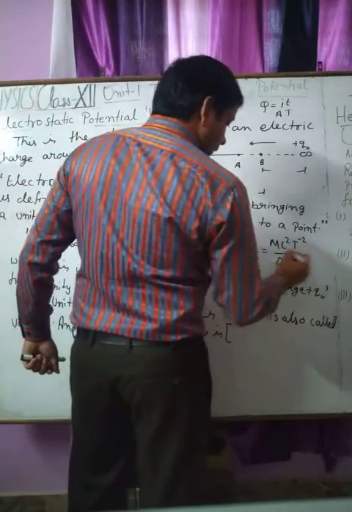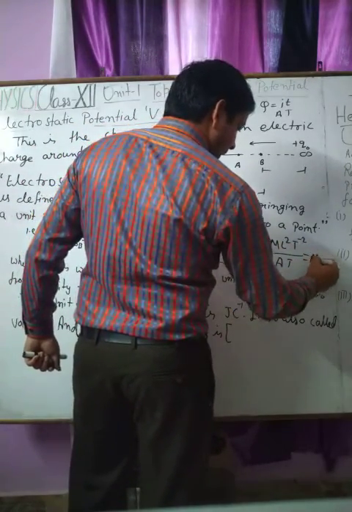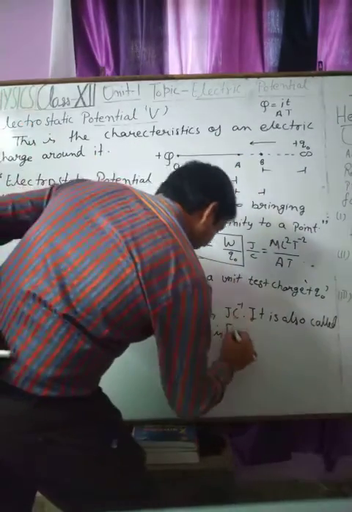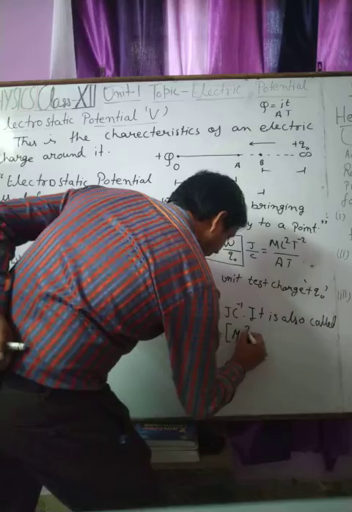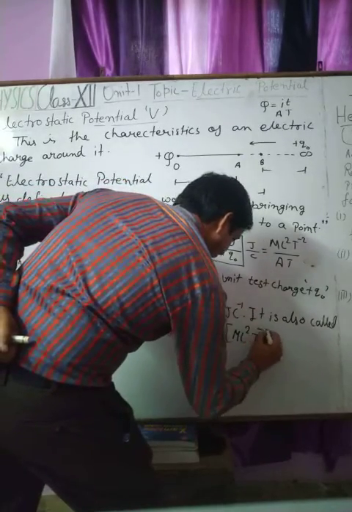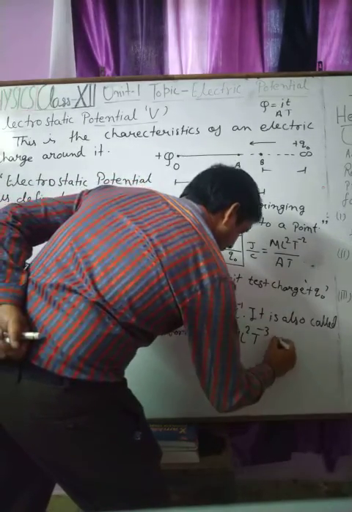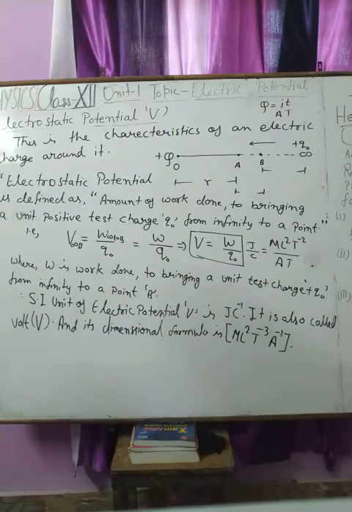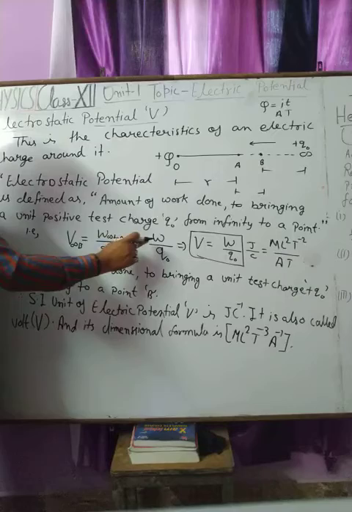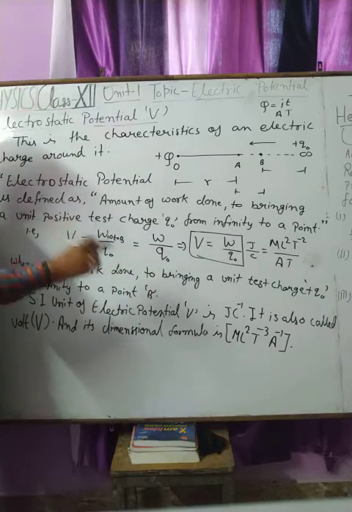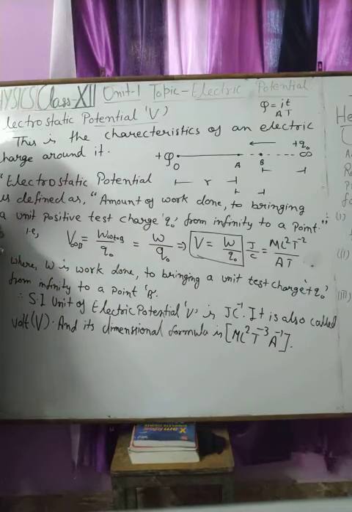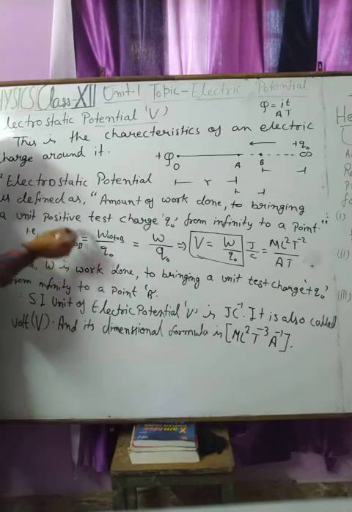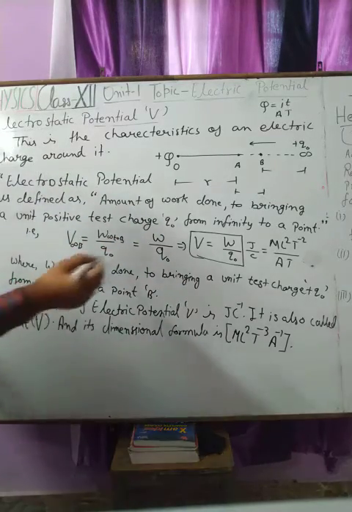Therefore we get the dimension of potential as M L2 T minus 3 A minus 1. Because charge is a scalar quantity and we know work is also a scalar quantity, this potential is also a scalar quantity.